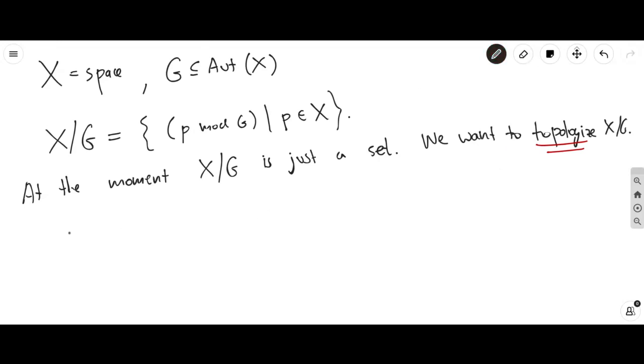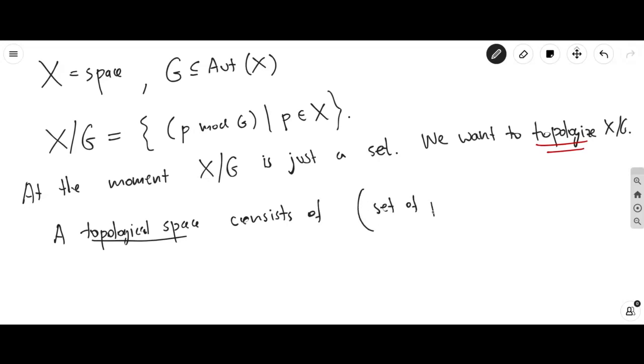So a topology, a topological space, consists of a set of points, and you have a set of open sets. Now, we usually do not say a set of sets, so maybe we'll say a family of open sets. So there's two components that make up a topology: the points and the open sets.